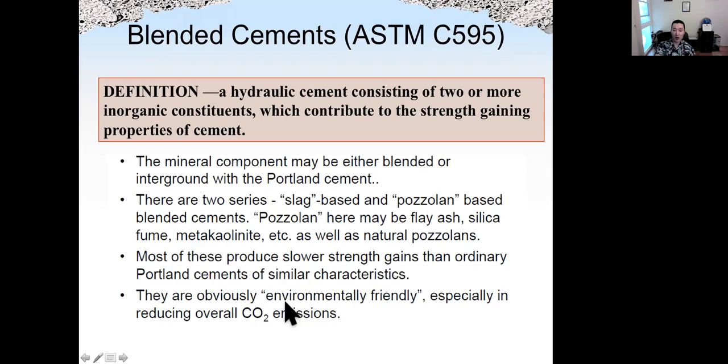It is also very environmentally friendly because we use industry waste or natural pozzolans, so they do not produce CO2 as during the production process of cement.